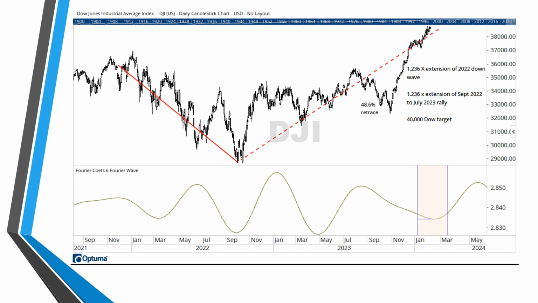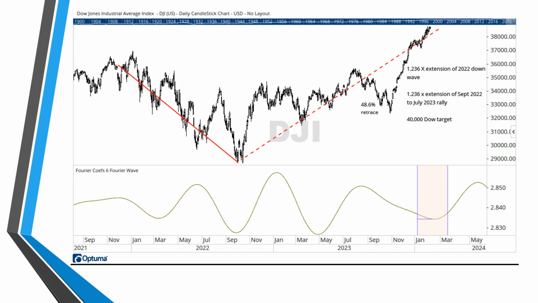If I look at the amount that it declined in 2022, and then I know that it rallied in '23, it actually pulled back by Fibonacci 48.6% before the most recent rally started. Now, we've actually surpassed our January 2022 highs.